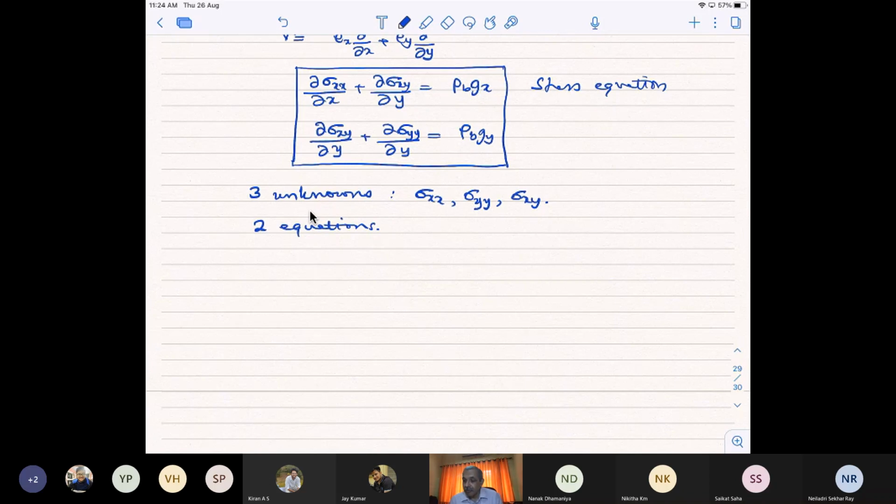It doesn't say what the material property is. So to solve this equation, we have to say something about material behavior.